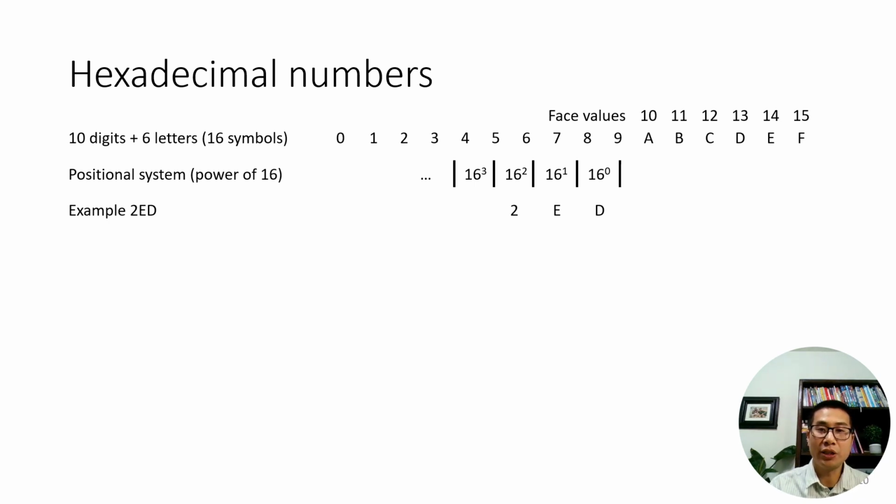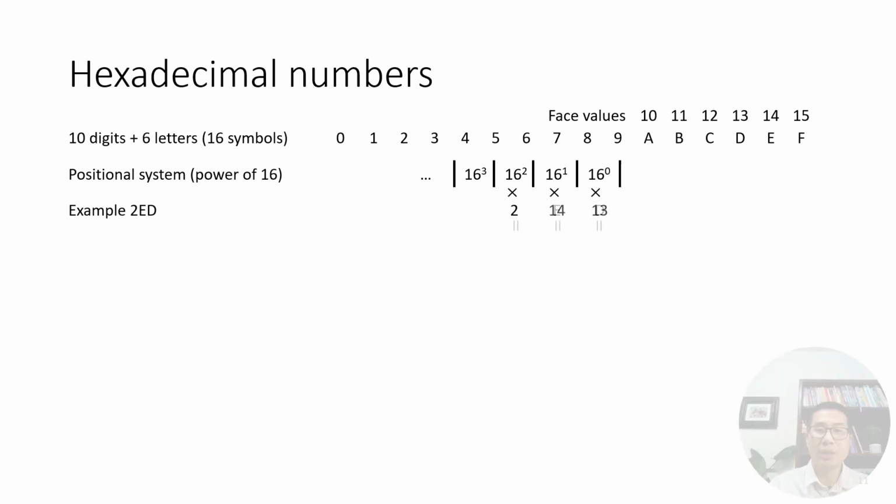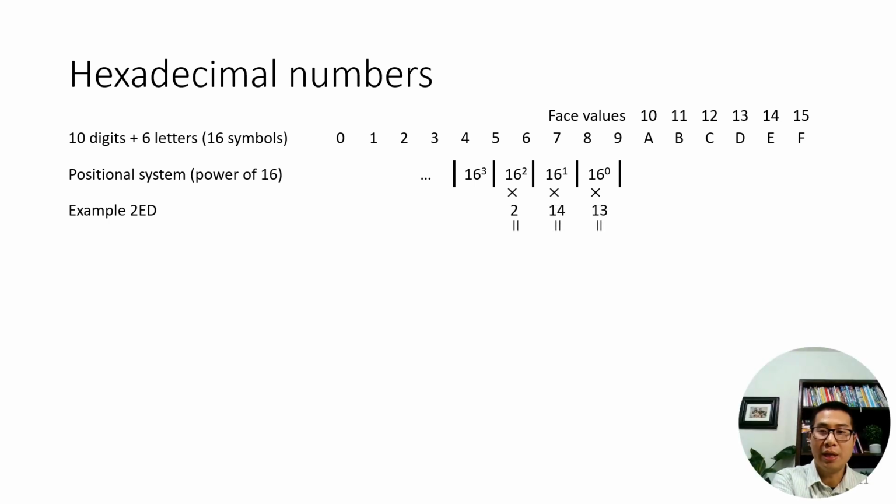If we want to find its value, we multiply the face values with their position values, and we add them up, and we get the actual value. So we multiply, replacing the symbols with their face values of 2, 14, and 13. Then we get 512 over here, 224 over here, and 13 over there. And when we add them up, we're going to produce 749. So 2ED means 749 in decimal.